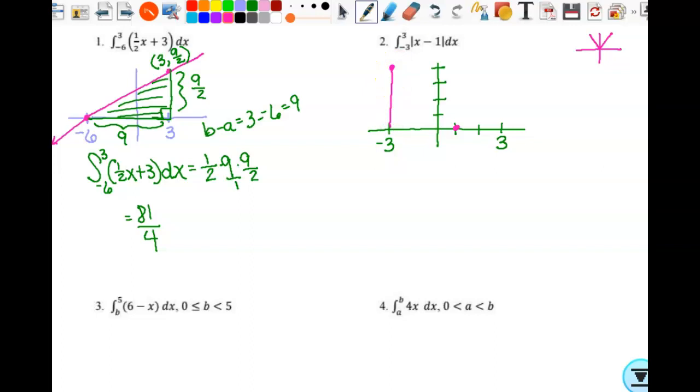And 3 minus 1 is 2, and we have this point right here. So this is my absolute value, right? And it can keep going, actually, but what I'm integrating is just this part right here.